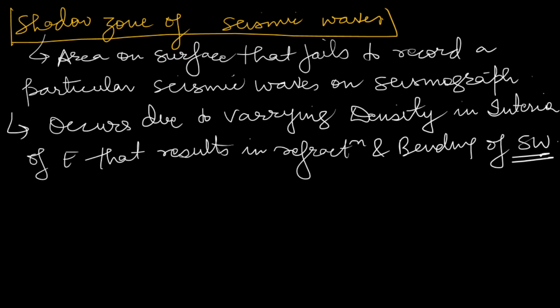So first of all, we will see the shadow zone of P waves. Suppose this is our Earth. And we all know that the outer core is made of liquid. Suppose here we have the hypocenter.